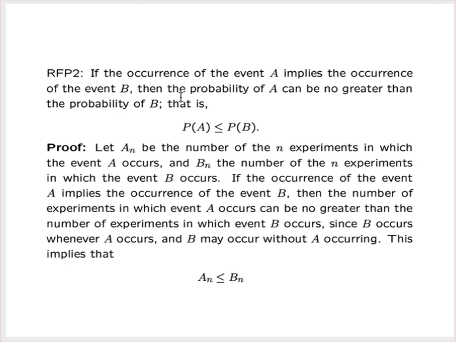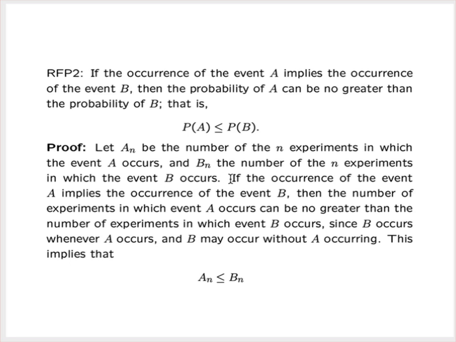So this RFP involves events A and B and their probabilities, and so we need some counters. We need to define counters for the number of times that A occurs and the number of times that B occurs. I'll let cap A sub n be the number of the n trials in which the event A occurs. And likewise, I'll let B sub n be the number of the n experiments in which the event B occurs.